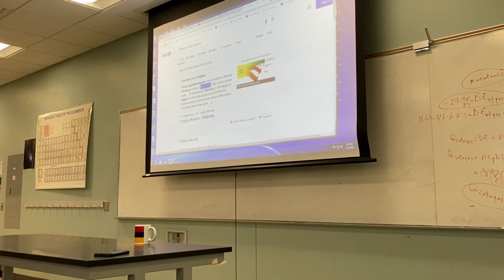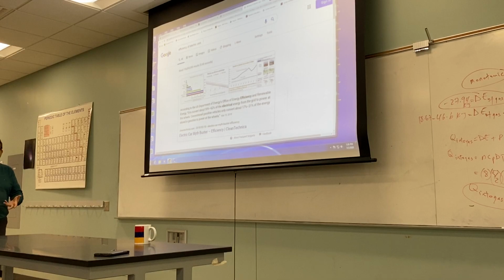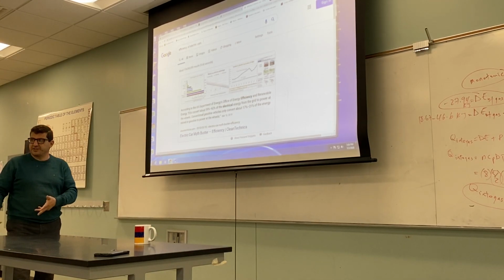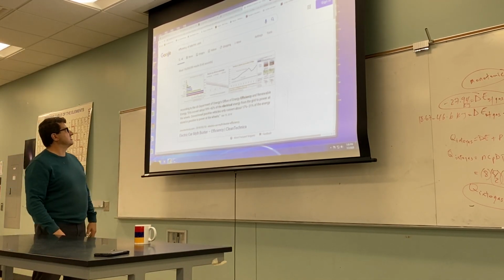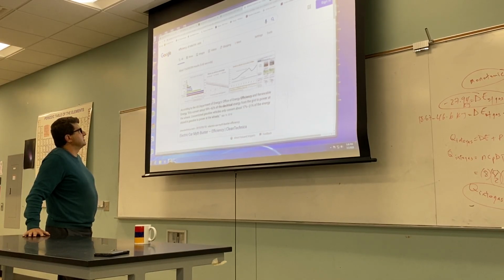Let's see what the electric cars are. Of course, for electric cars, the input of energy is in the form of what? You're not burning coal or gasoline, it's electric. According to the U.S. Department of Energy Office of Energy Efficiency, electric vehicles convert about 59% of the electrical energy from the grid to power at the wheels. That's a lot.